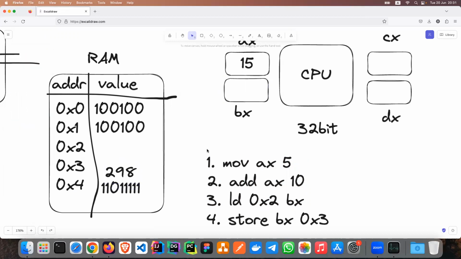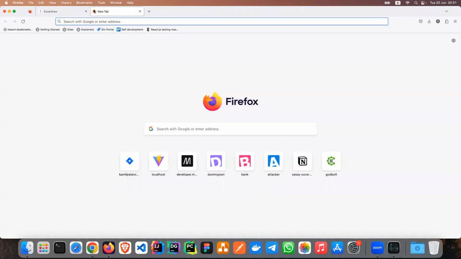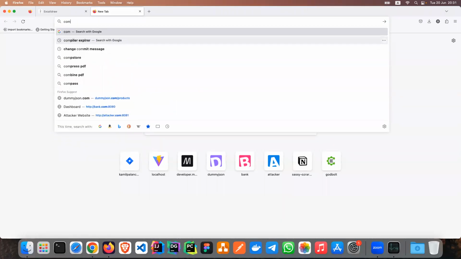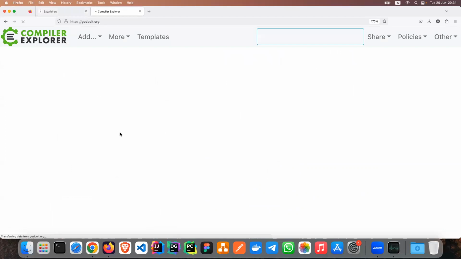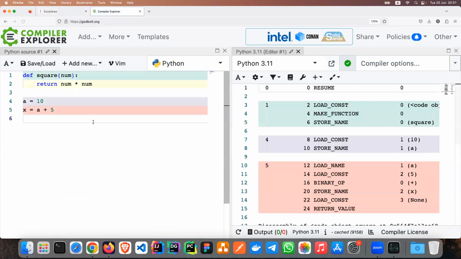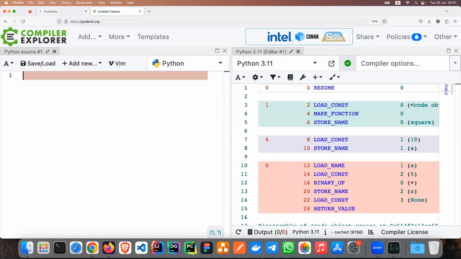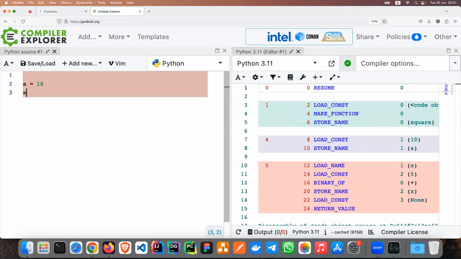In programming languages, we have something we call variables. Variables are just these addresses. For example, you saw when I wrote in Compiler Explorer, I have 10 here.